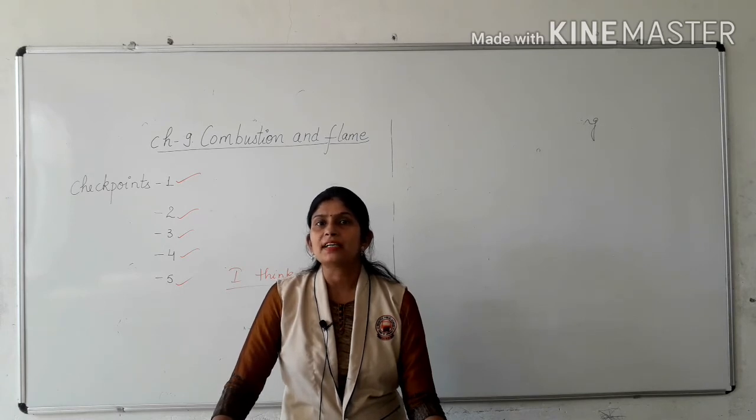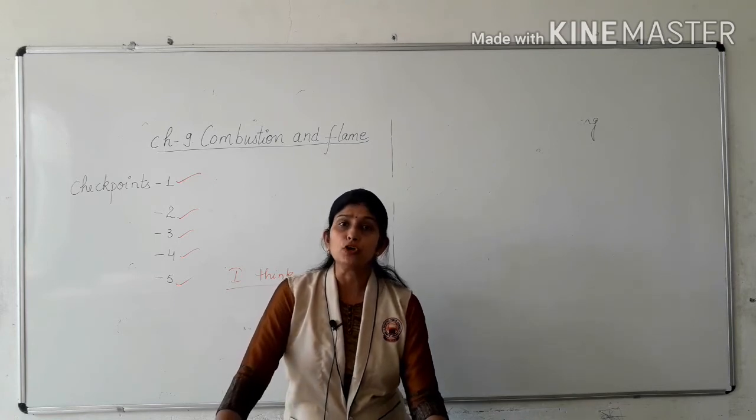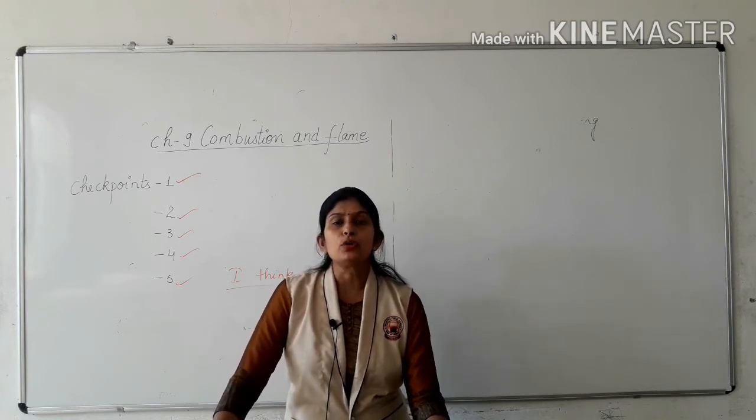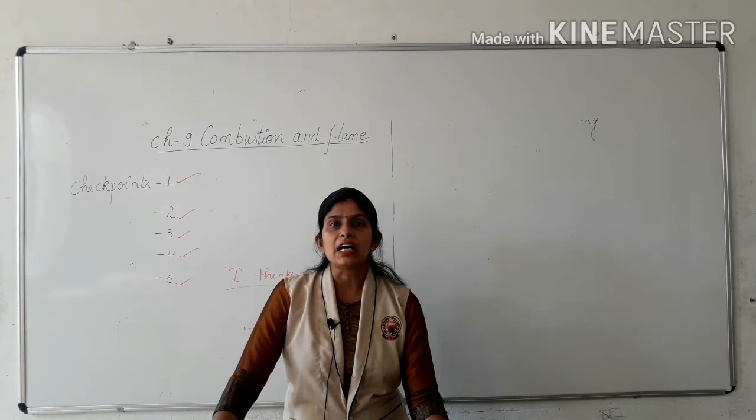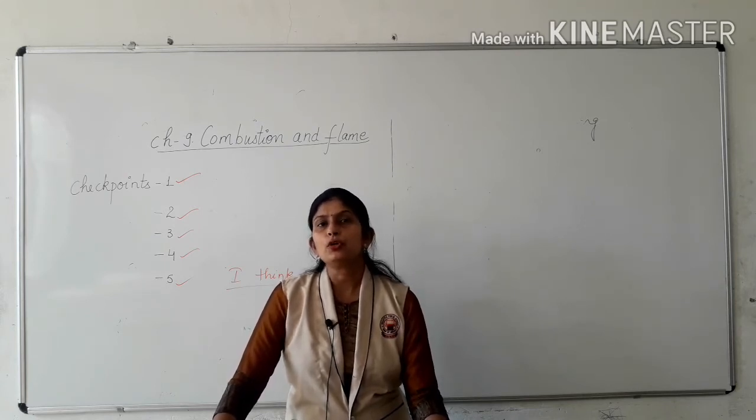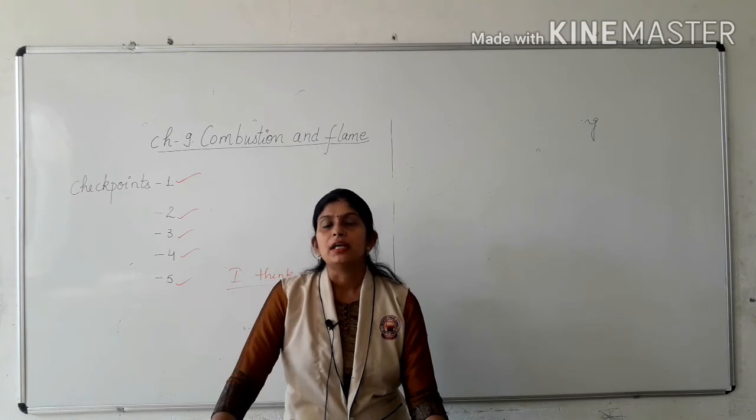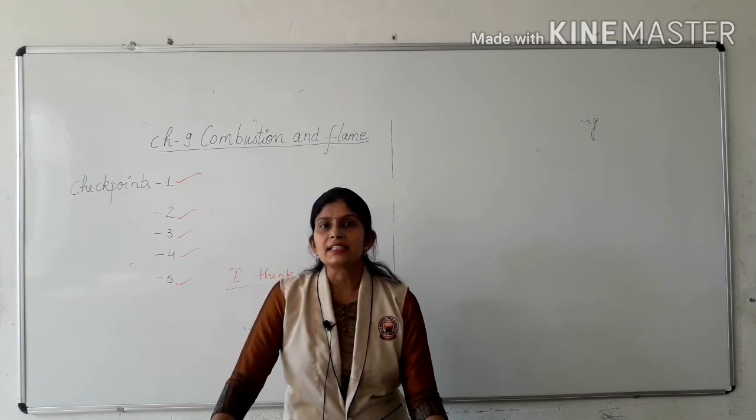Unburnt carbon particles are released in incomplete combustion, which get deposited in the form of a black layer called soot. Fourth point, due to complete combustion, a large amount of heat is produced. Due to incomplete combustion, comparatively less amount of heat is produced.